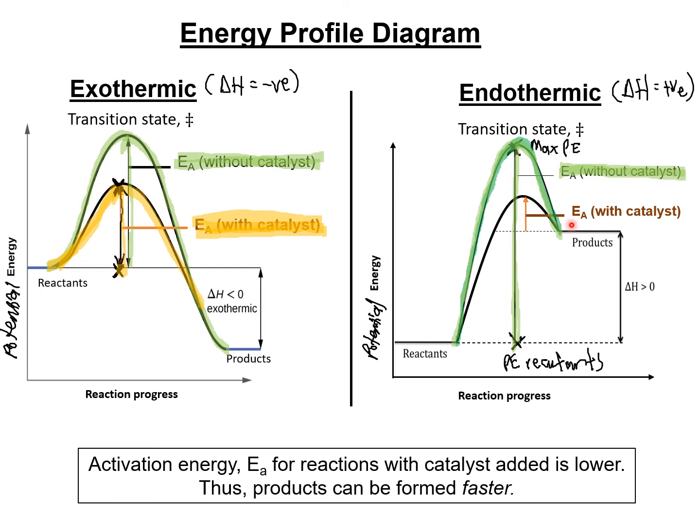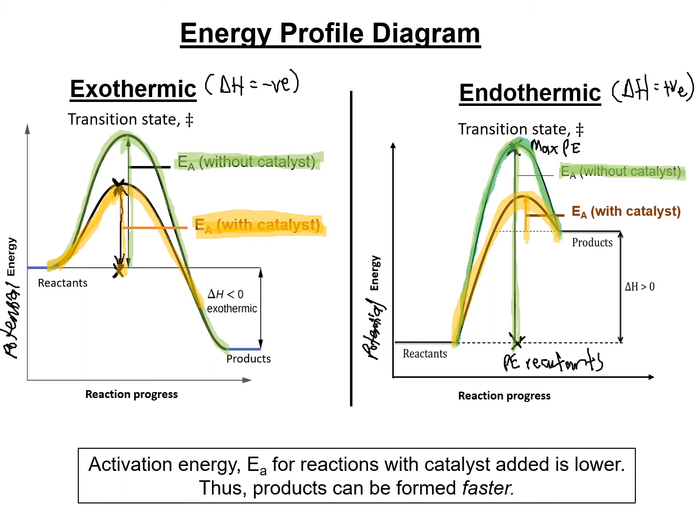After that, you draw the activation energy with catalyst. With catalyst, the activation energy becomes lower. Why? The catalyst provides an alternative pathway.